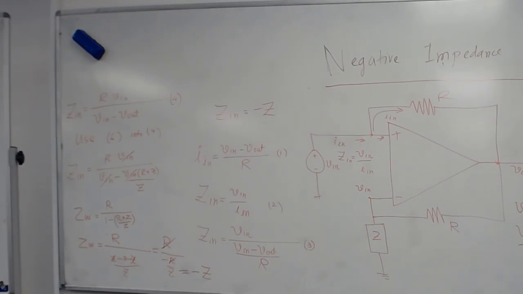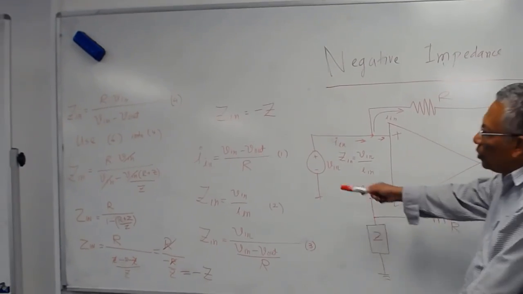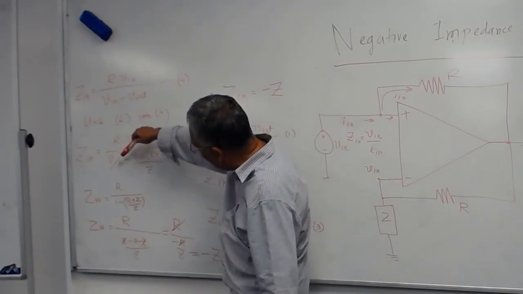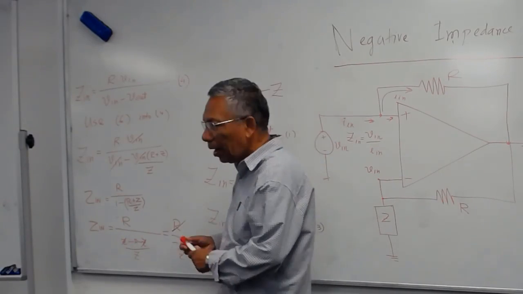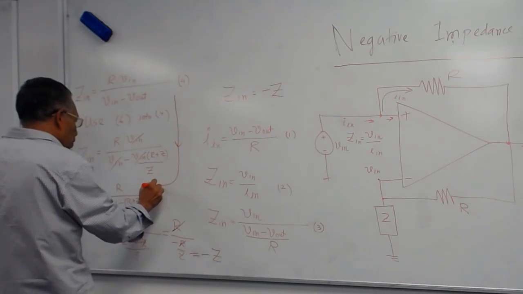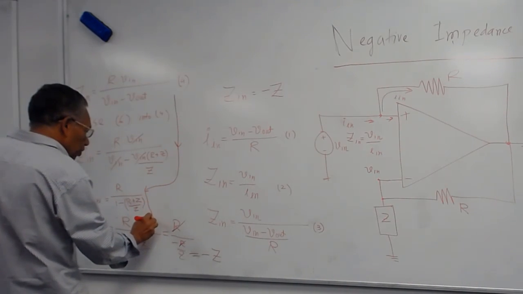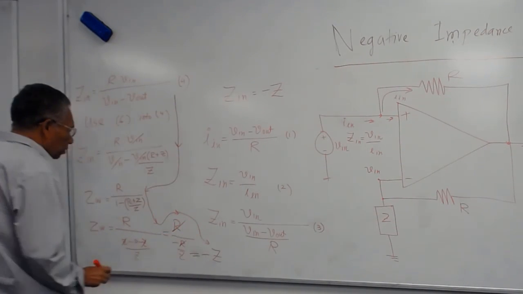I walked through it already, all of this is walked through. Cancel this, take this common, then you get this, then goes this, then goes this. So I can give you a trace: you go this way, this way, this way, then this way.